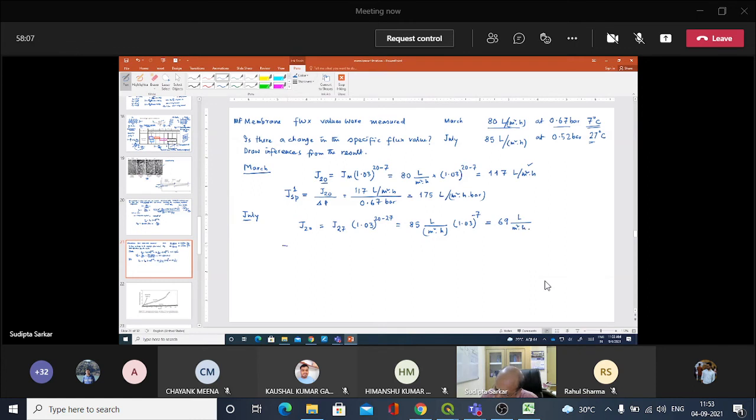Now let us calculate the specific flux for this case, J20 second, divided by delta P. Delta P is 0.62.